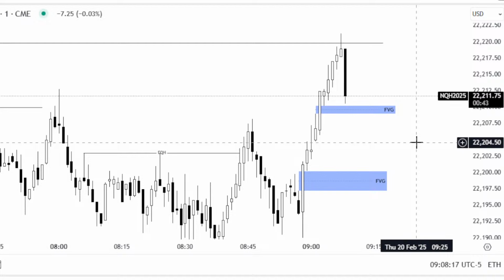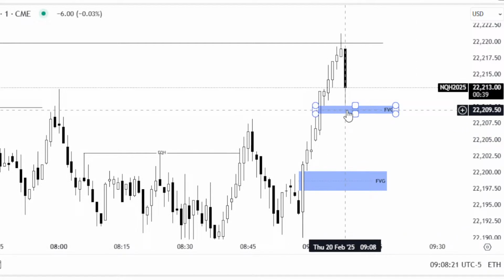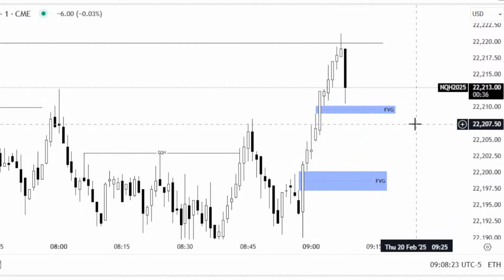Okay, so now we see an aggressive move, but it could only be a bounce here.